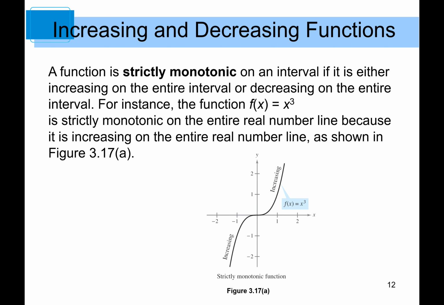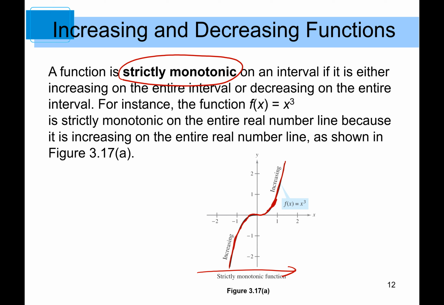A function is strictly monotonic if the function is increasing on its entire domain or decreasing on its entire domain. Let's look at this one. This one is totally increasing from left to right.